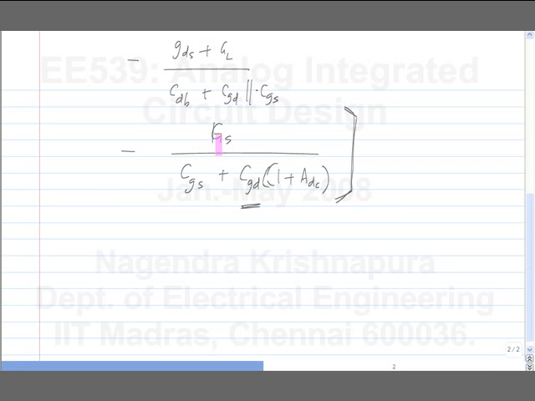Which one? GS plus? You should also have GDS and GL here. Why? Effect of GM should be included.